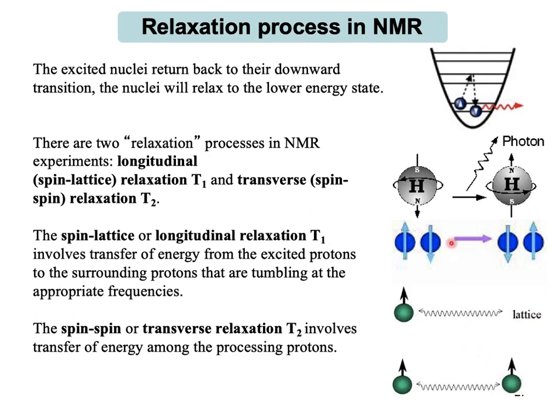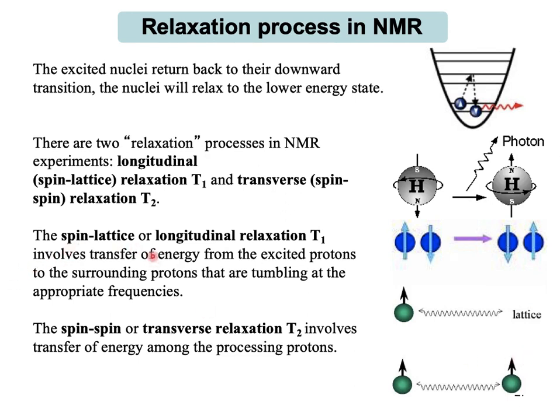So there are two possibilities, and this relaxation process gives information about the environment of the proton. The spin-lattice or longitudinal relaxation T1 involves the transfer of energy to the lattice or the environment, or transfer to the neighboring proton.